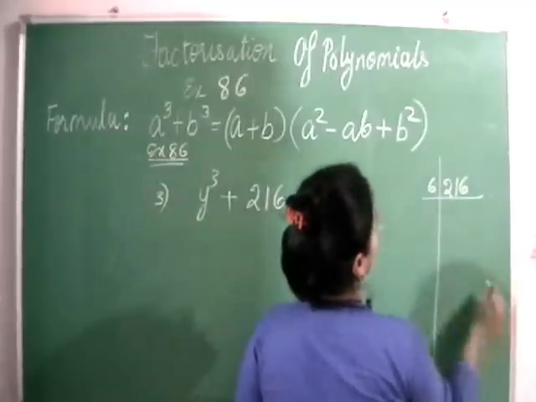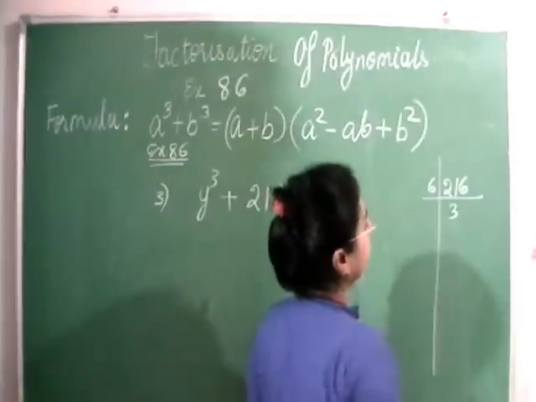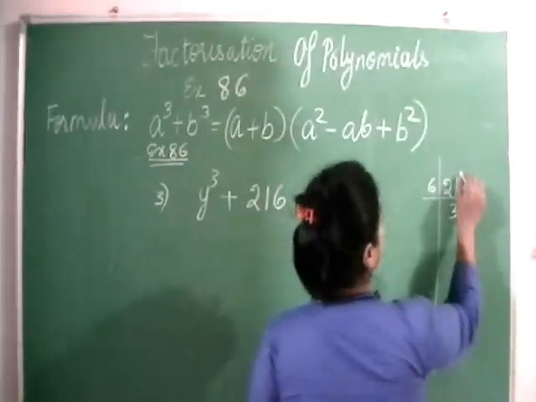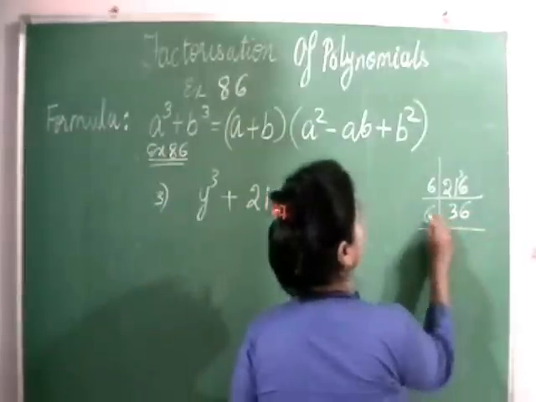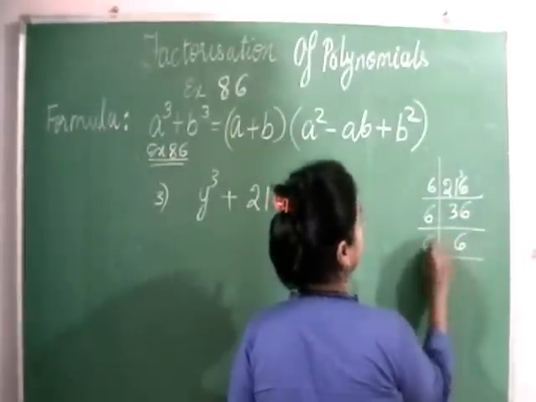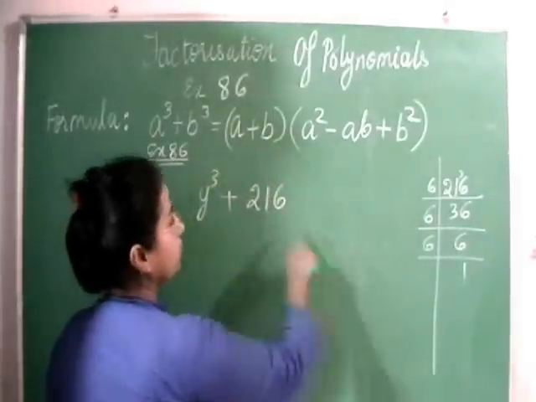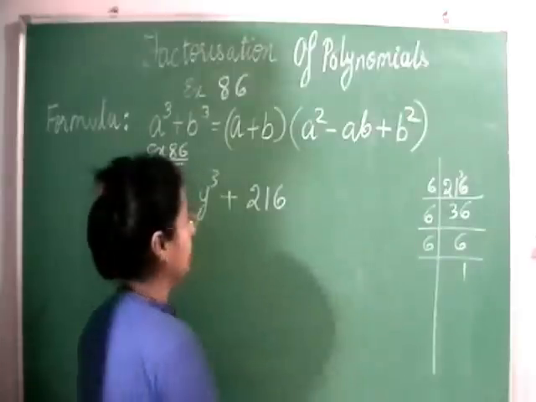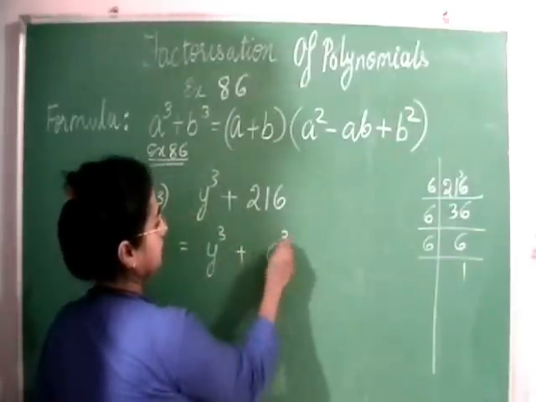Sorry, 6 3s are 18. 21 minus 18, 3. 6 6s are 36. 6 6s are 36. 6 1s are 6. So the perfect cube of 216 is 6 cube, and I'll write it as y cube plus 6 cube.